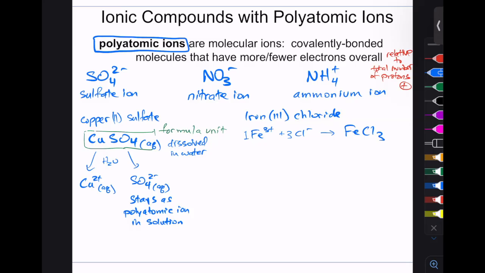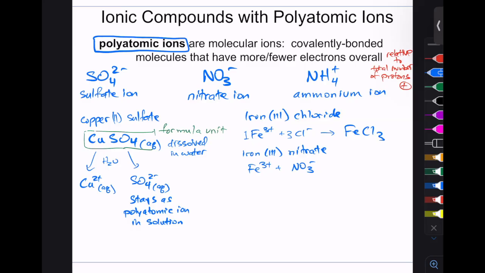Now, of course, these are all monatomic ions, but let's look at iron 3 nitrate instead. It's the same deal, but now we're going polyatomic. So we've got iron, it's still the 3 plus cation, but now we're mixing it with the nitrate polyatomic ion, NO3 minus. So how many nitrate ions do we need for every iron 3 plus?